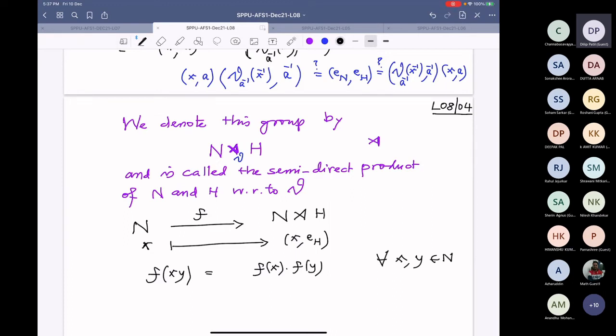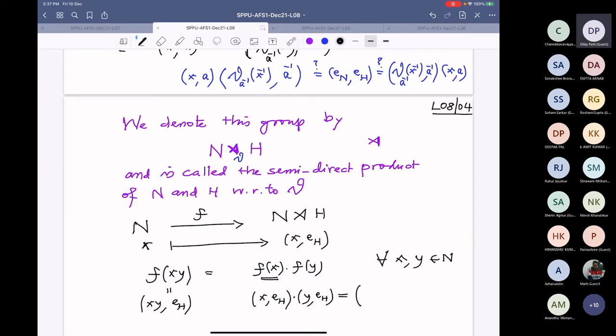But what is F of xy? Can you tell me? This is (xy, identity in H). What is here? This I know what it is. This is (x, e_H) and this is (y, e_H). And what is this product? We are taking it in this group. So what is it?